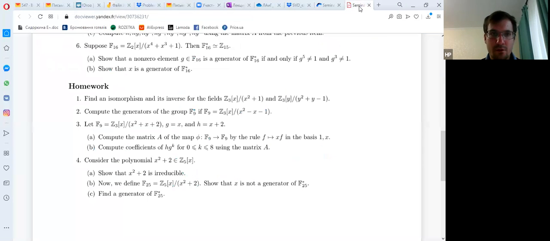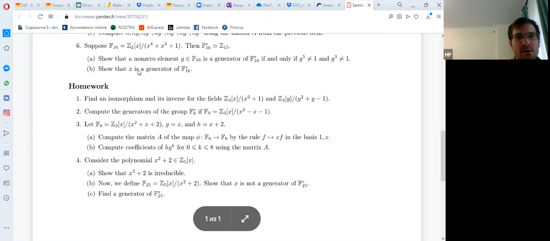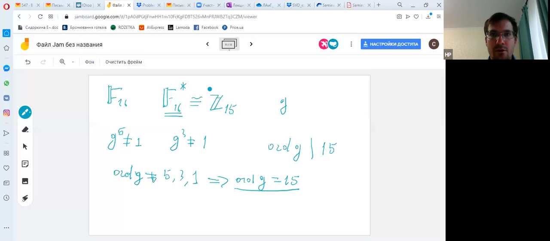So we have solved number 6a, and in 6b you want to show that X is a generator of F16 with star.